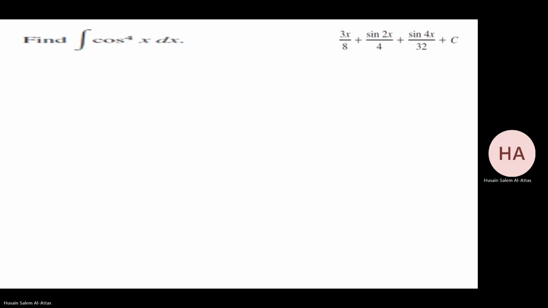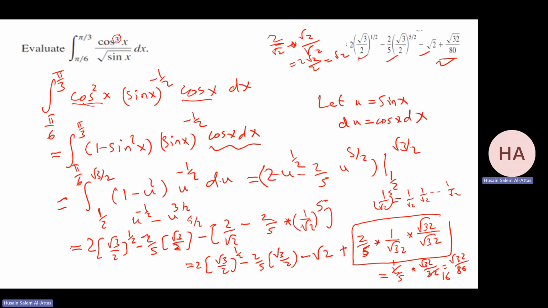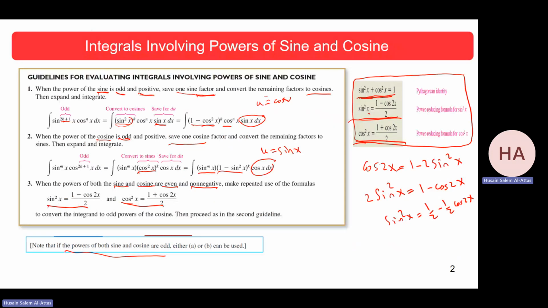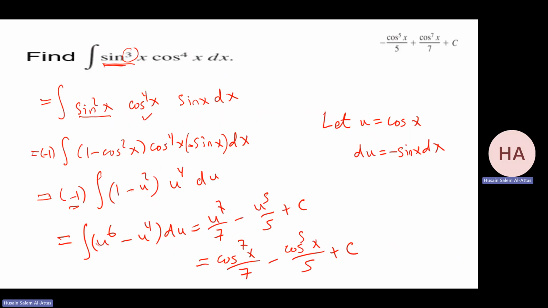Yeah. Cosine to the power 4. What he said here, if you have odd powers, save one and then compare the others. If they both are even, I will use these double angle identities.